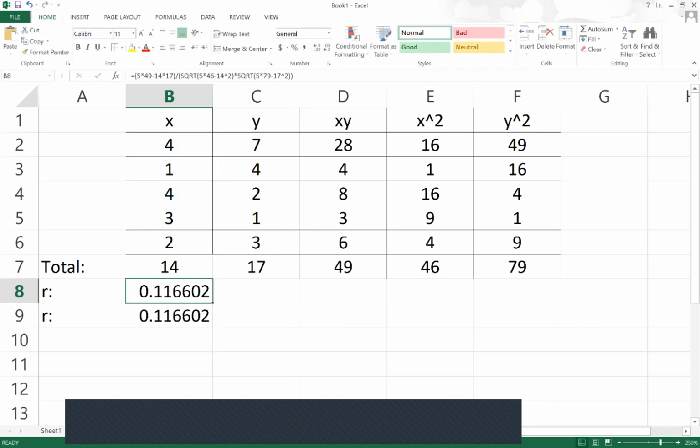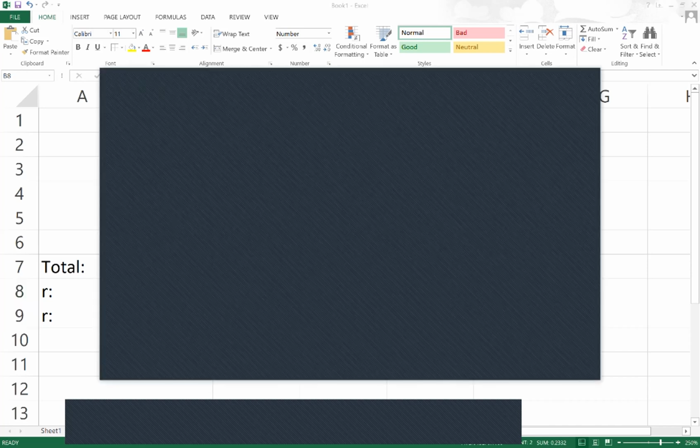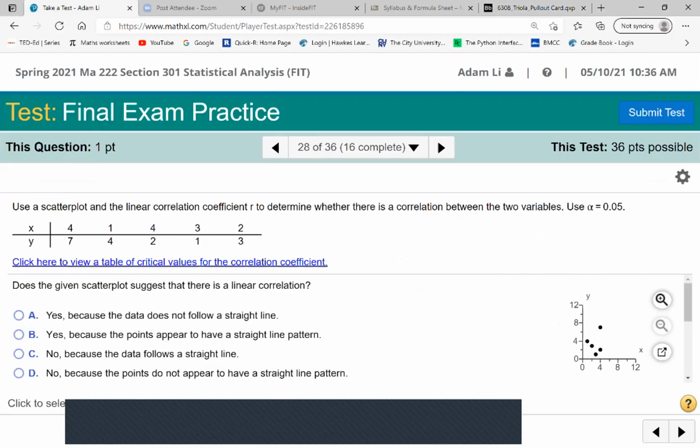And then get a confirmation by using the formula, also this shortcut. Okay, so it's 0.1166. They want 4 decimal places. Okay, so we get that. Let's go back. So this correlation coefficient is quite low, right? Compared to the other ones, you know, this is fairly low. So this is a scatter plot.